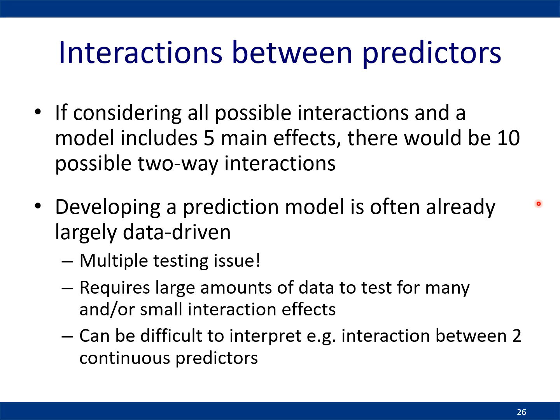Given that the prediction modelling development process can already be largely data-driven, we already have to consider this issue of multiple testing, and this is made even worse by testing interactions. If this is something that is of particular interest, it's worth noting that this requires a large amount of data, and often interaction effects are considerably smaller than main effects and may be difficult to detect.